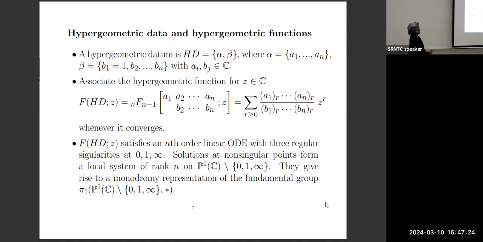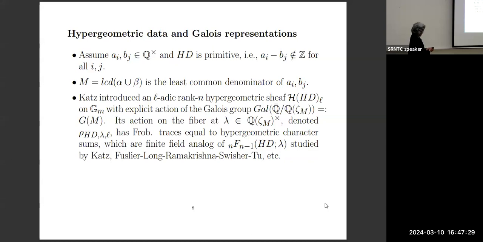Now, we are also interested in the other side, the algebraic side. To have the algebraic side, we are going to restrict our parameters to be non-zero rational numbers. We will call our hypergeometric datum primitive if the differences between the A_i and the B_j are not integers.